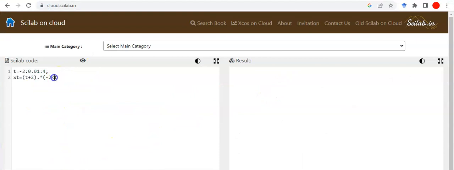तो इसको हम कैसे लिखेंगे? when -2 is less than or equal to t and t is less than -1.